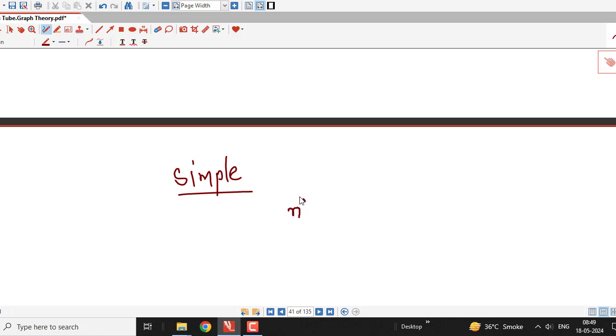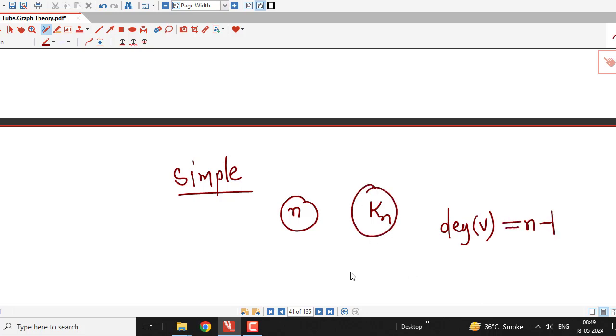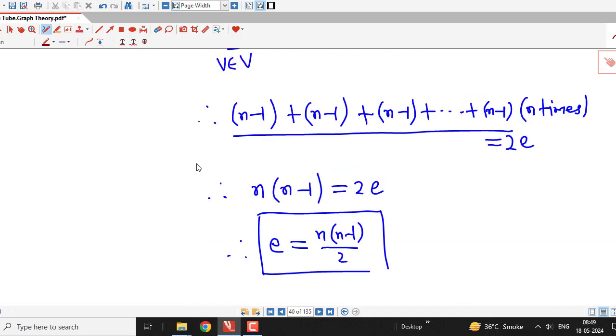If we have n vertices in a complete graph, it is denoted by Kn, and for any vertex in Kn, the degree is n minus 1 and the number of edges is n into n minus 1 divided by 2.